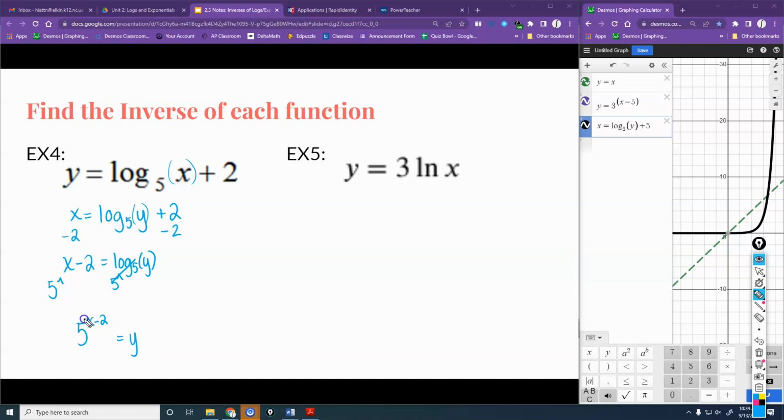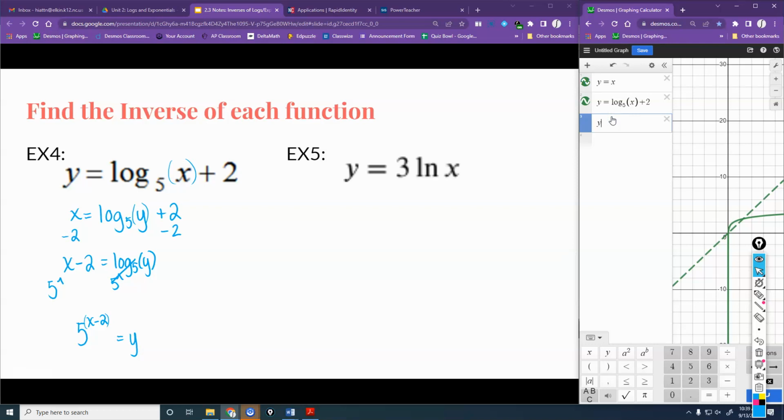You may even want to put some parentheses around that to remember the whole thing is the exponent, because when you type it in Desmos, you're going to need them. So if we check to see if we've done it right, y equals log base 5 of x plus 2.